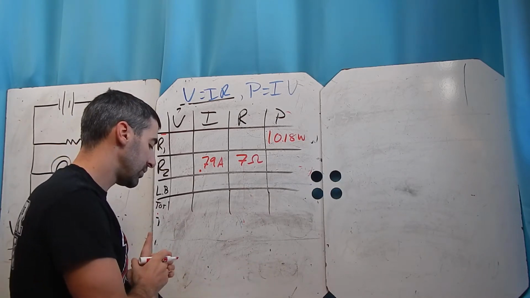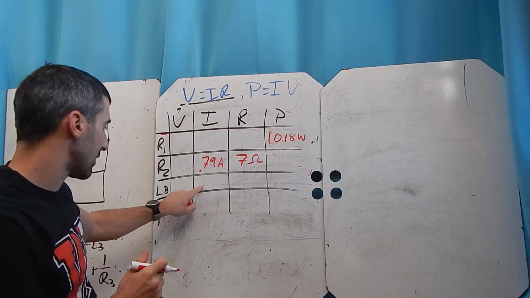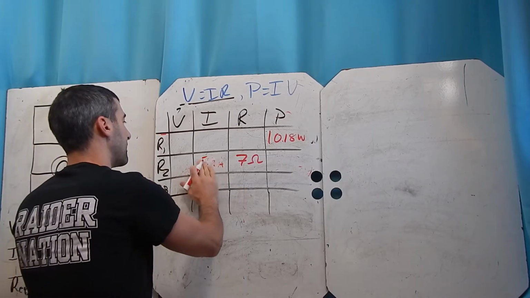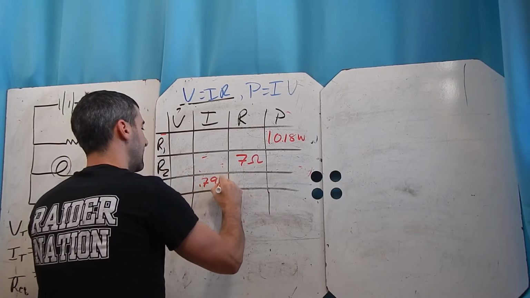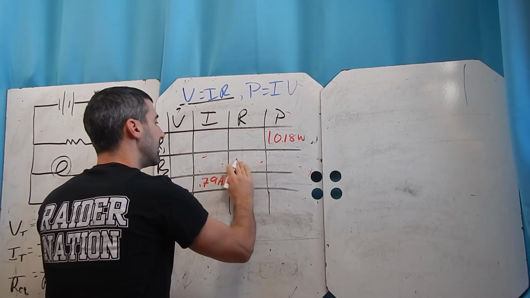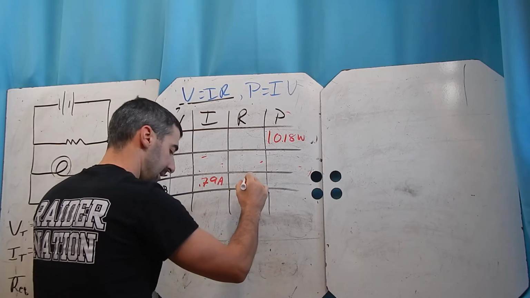Then I told you that the current at resistor 3, and I messed that up, the light bulb, 0.79 amps, and 7 ohms.